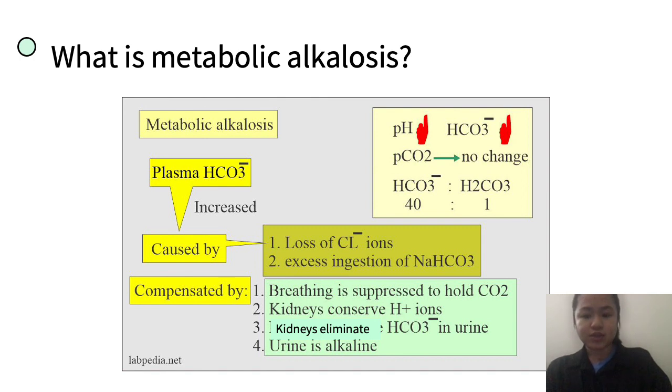It also results in an increase in plasma bicarbonate, and the body compensates by suppressing breathing to hold carbon dioxide. The kidneys also have two very important roles in maintaining acid-base balance. They reabsorb bicarbonate, and so the urine becomes alkaline.